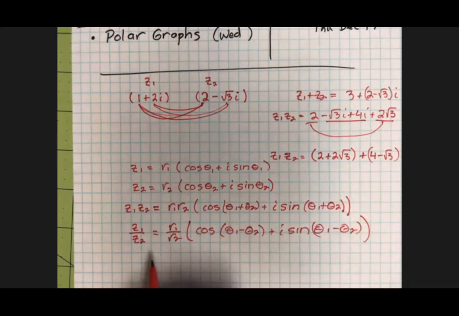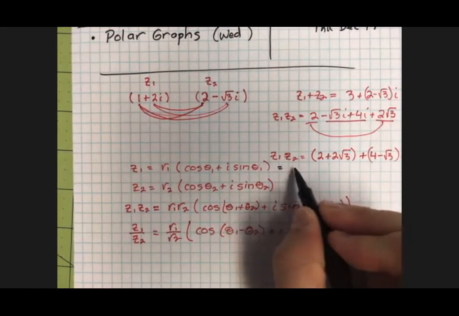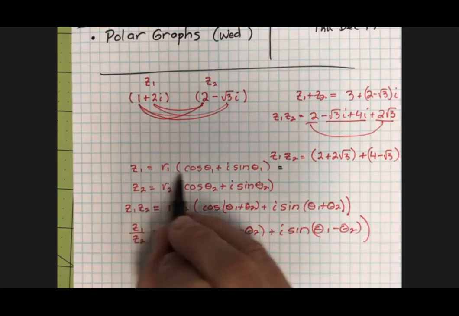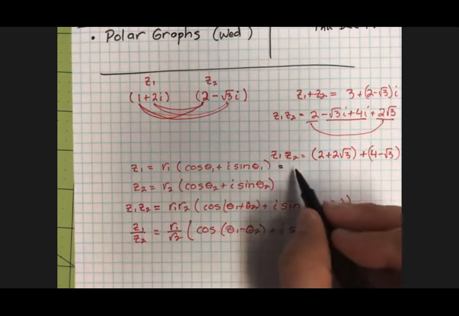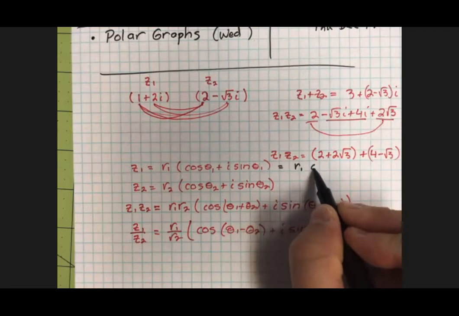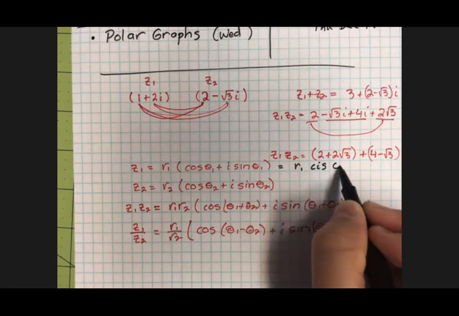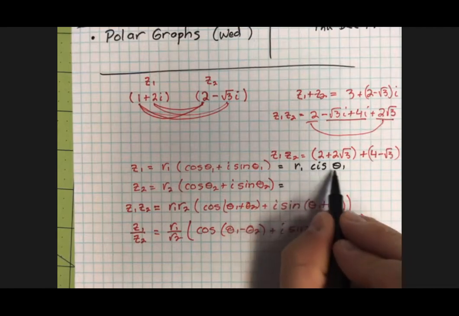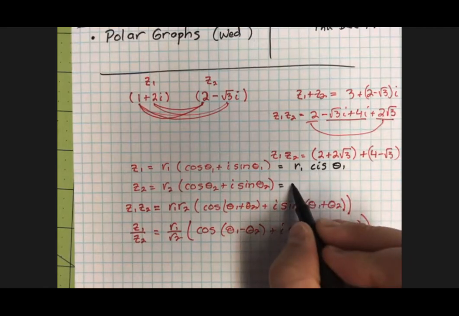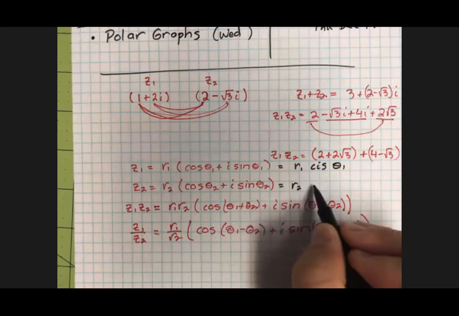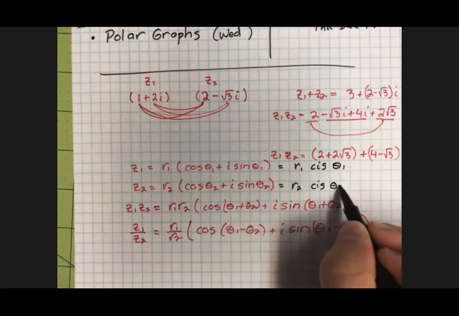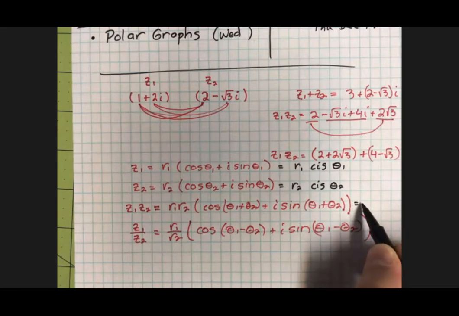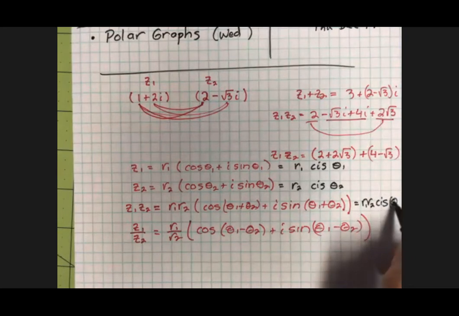Remember also, we showed you another abbreviation last week. Instead of writing R1 cos theta 1 plus I sine theta 1, which is a lot of writing, a lot of people just write this as R1 cis theta 1, which stands for cosine plus I sine of theta 1. And they would refer to that as R2 cis theta 2. And then the benefit here is you can write R1 R2 cis theta 1 plus theta 2.